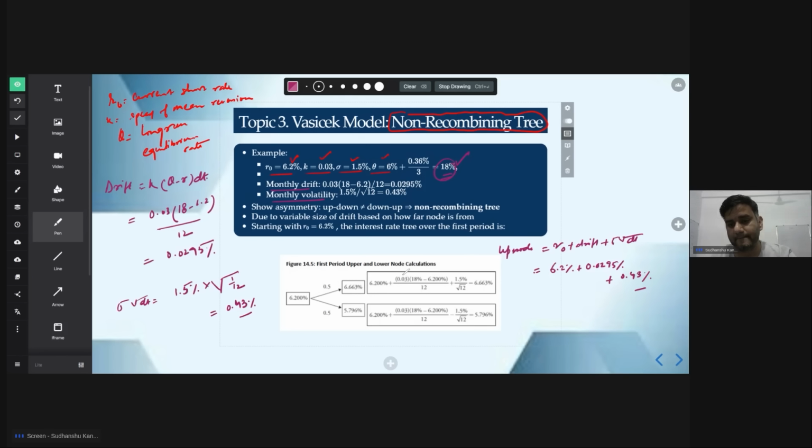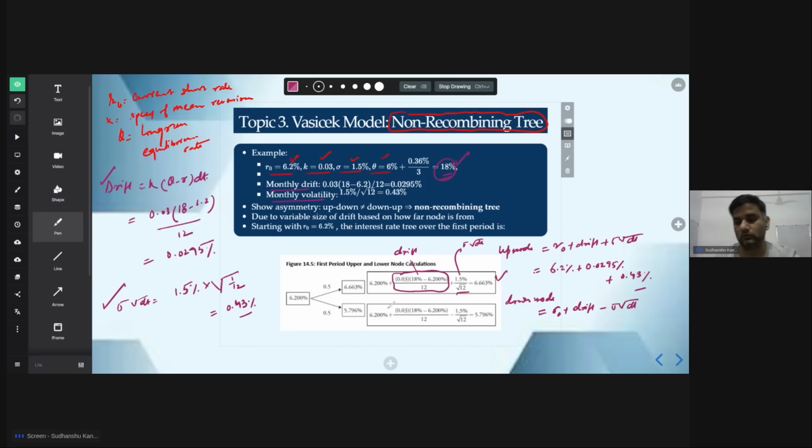This whole part is your drift, which we have calculated, and this part is your sigma root dt, which we have also calculated. So we get 6.63%, and here the down node is equal to r naught plus drift minus sigma root dt.